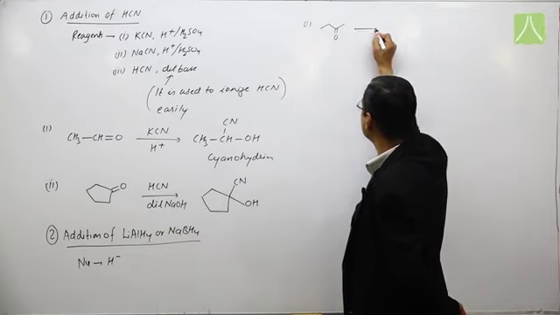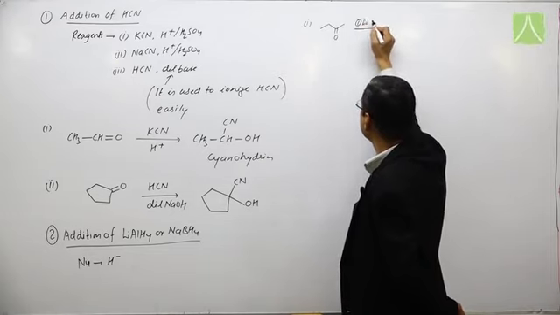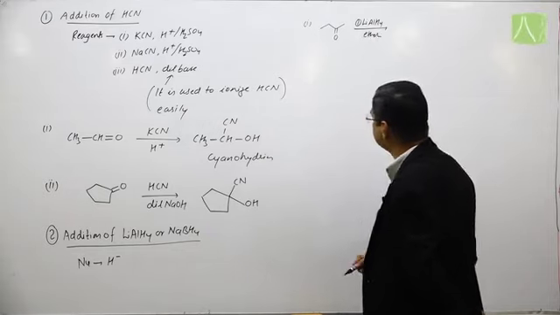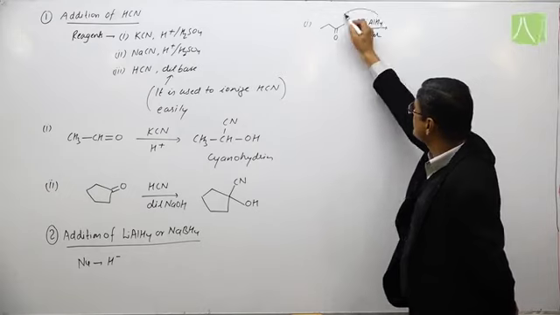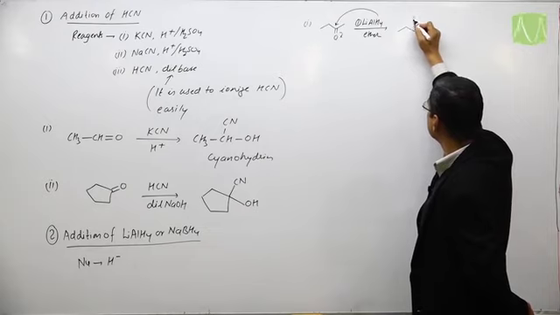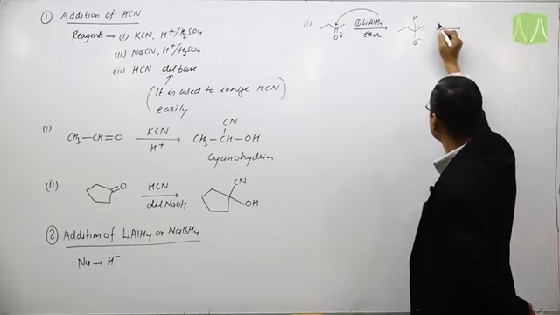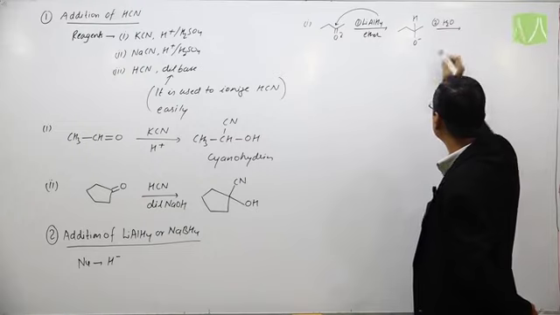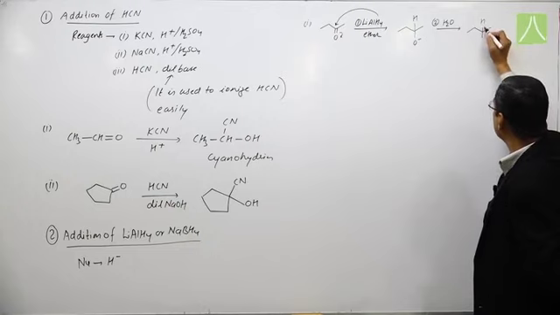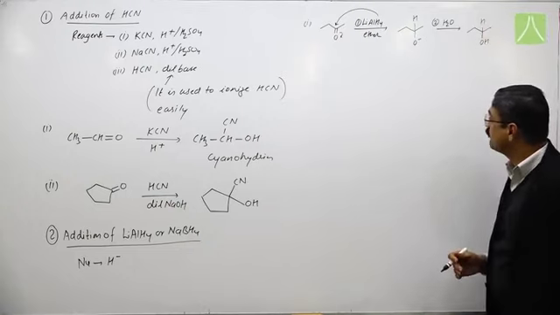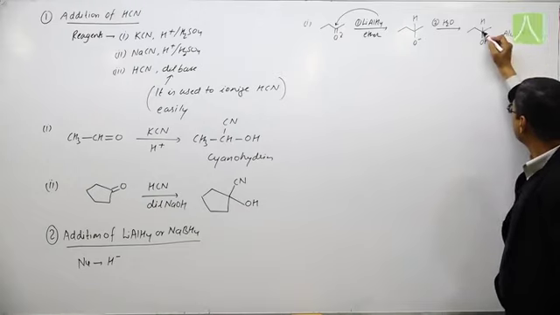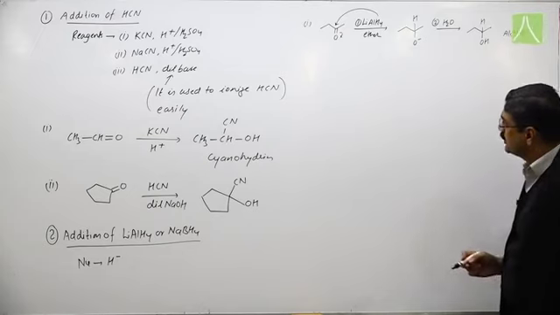This is the carbonyl compound. First I take lithium aluminium hydride in presence of ether. So H minus goes to the carbon and an intermediate is formed. In the second step, after adding water or hydrolysis, it takes H plus from the water. So this is the final product. The final product is alcohol. Nucleophile at the carbon and H plus at the oxygen.